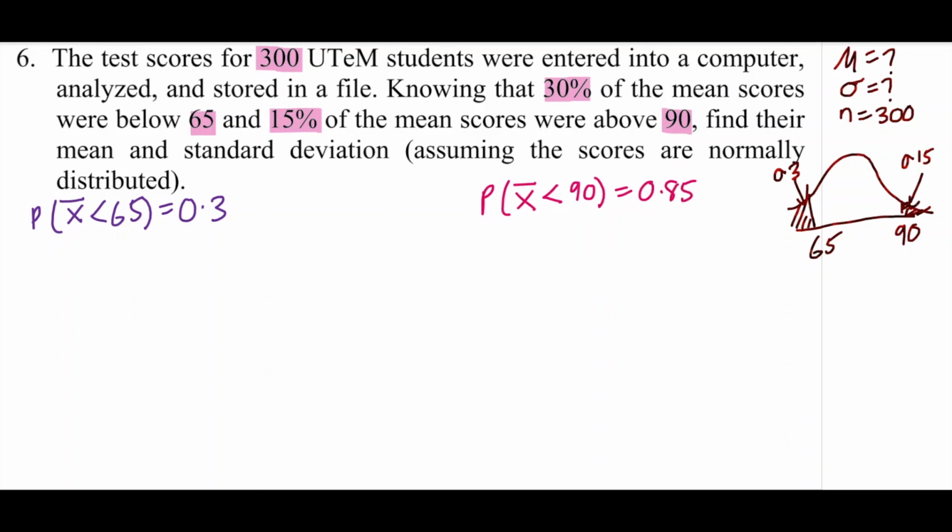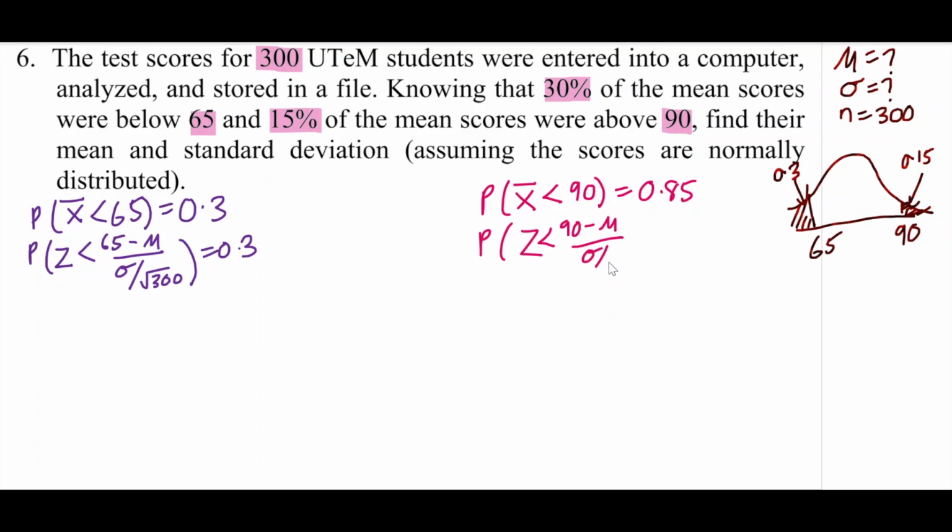Less than 90 marks is 0.85. The next step is to conduct the transformation to your normal distribution. So the formula is x bar minus mu over sigma over square root of n.